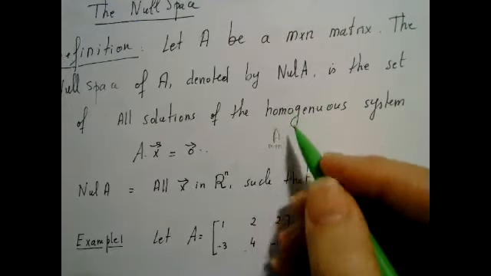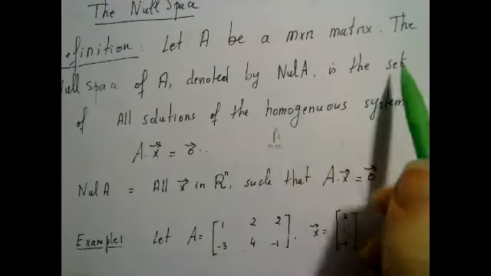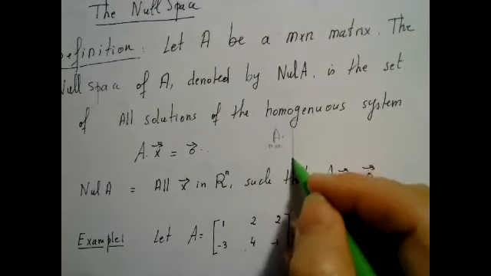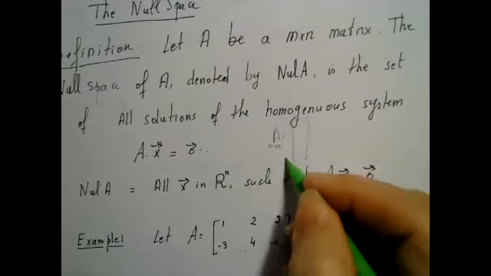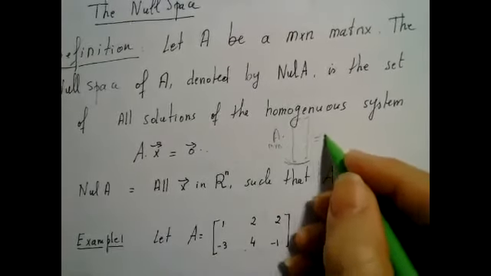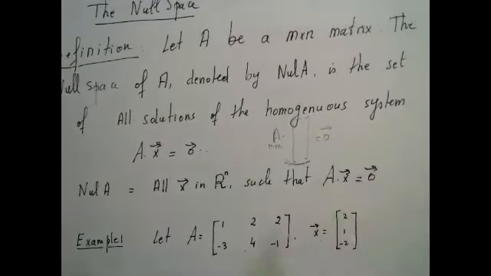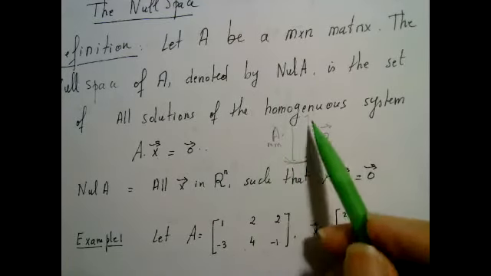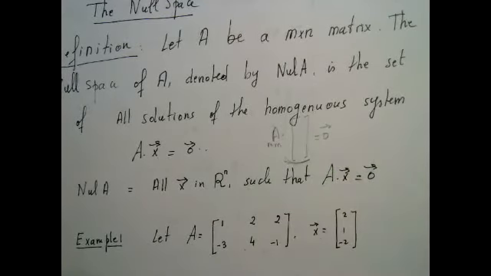The null space is all those vectors, those x's, which are the solutions, that when you multiply A by them, you get the 0 vector. So that's really what the null of A is. And it's in Rn because the matrix is n by n, so this vector here has to be in Rn.